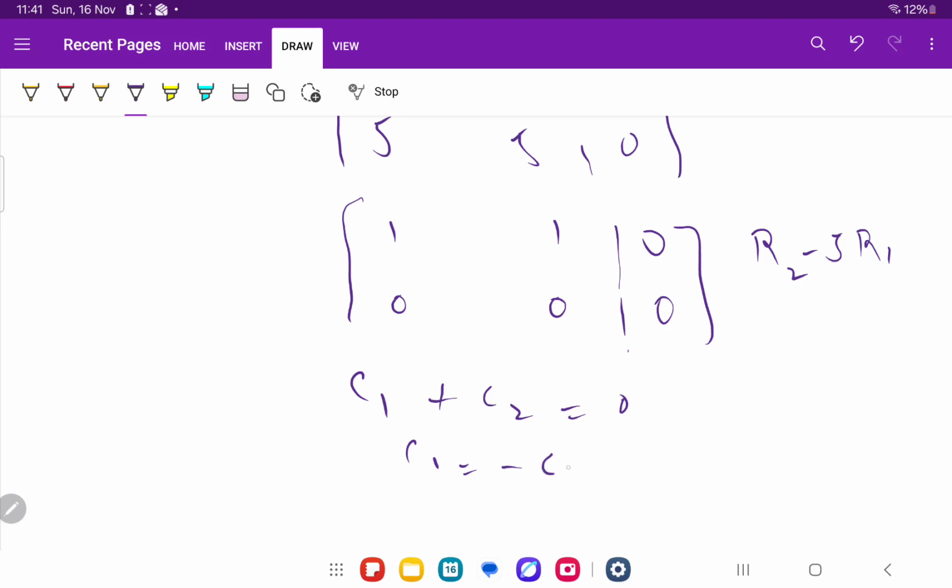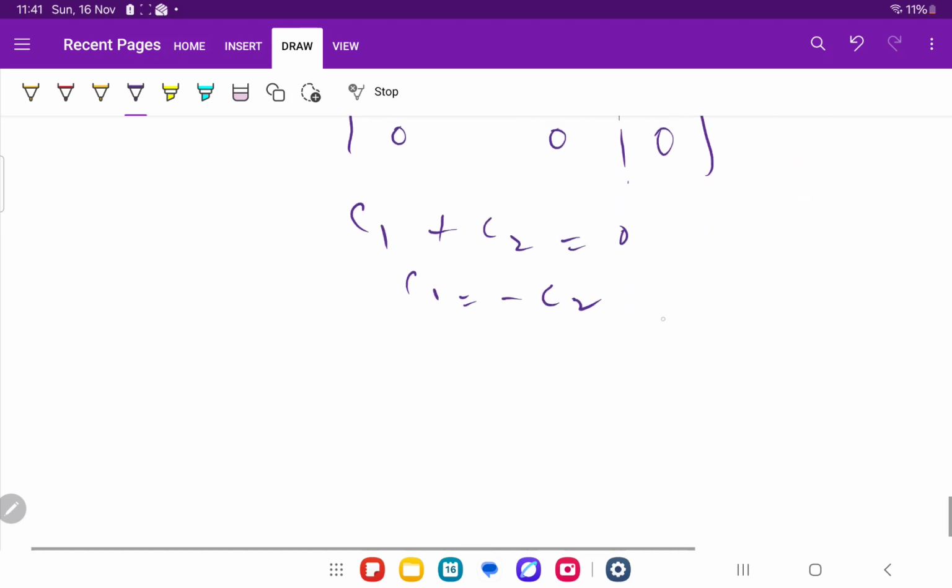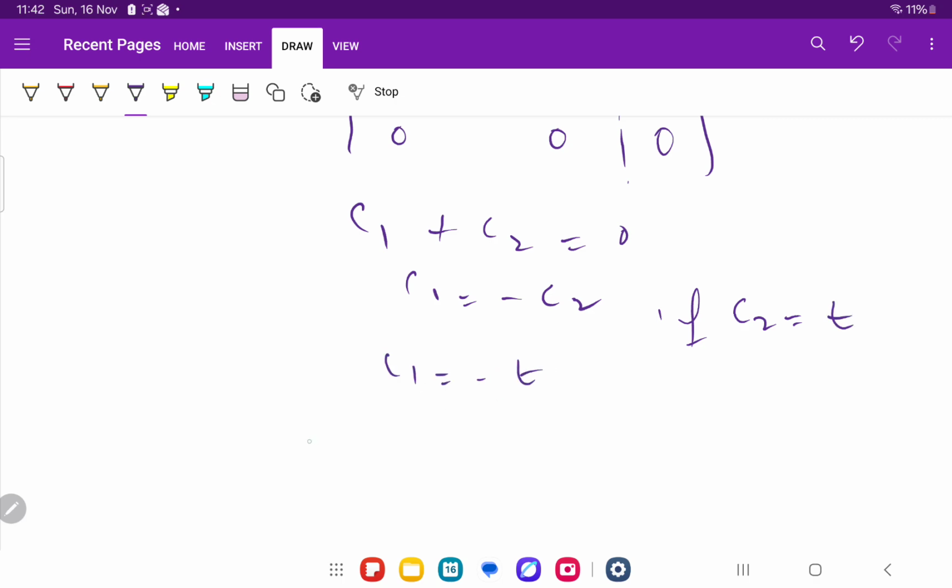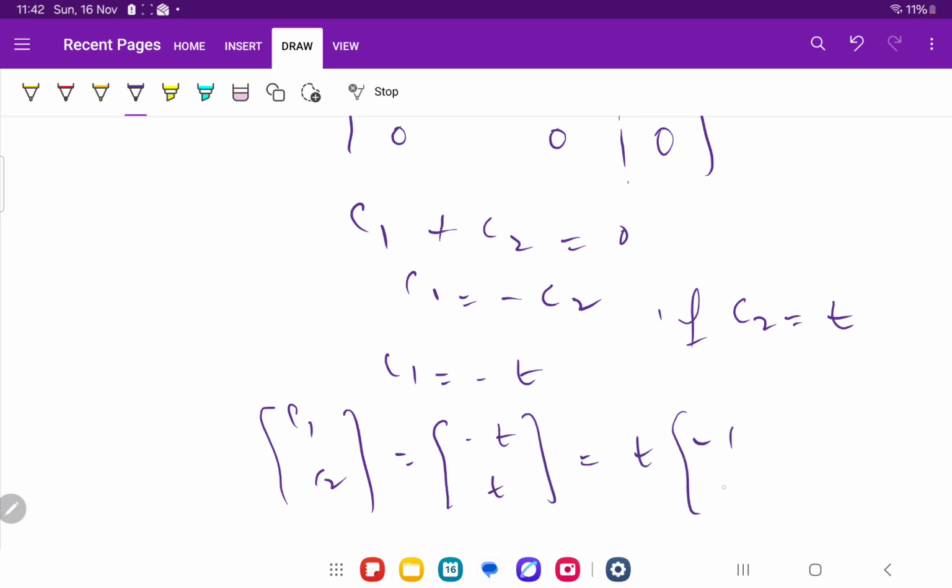So C1 equal to minus C2. So if C2 is equal to T, then C1 equal to minus T. So C1 and C2 is equal to minus T and T. So taking out T, minus 1 and 1. So that is called the first eigenvector.